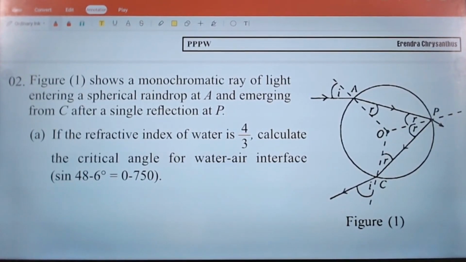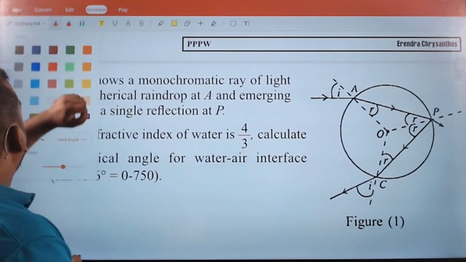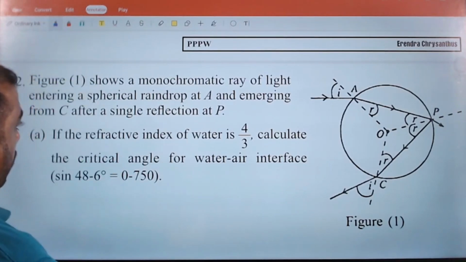Figure shows a monochromatic ray of light entering a spherical raindrop at A and emerging from C after a single refraction at P. If the refractive index of water is 4/3, calculate the critical angle of the water.